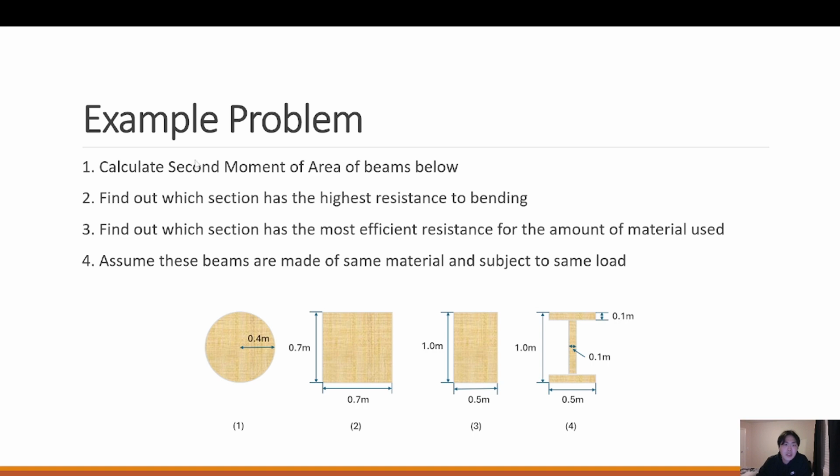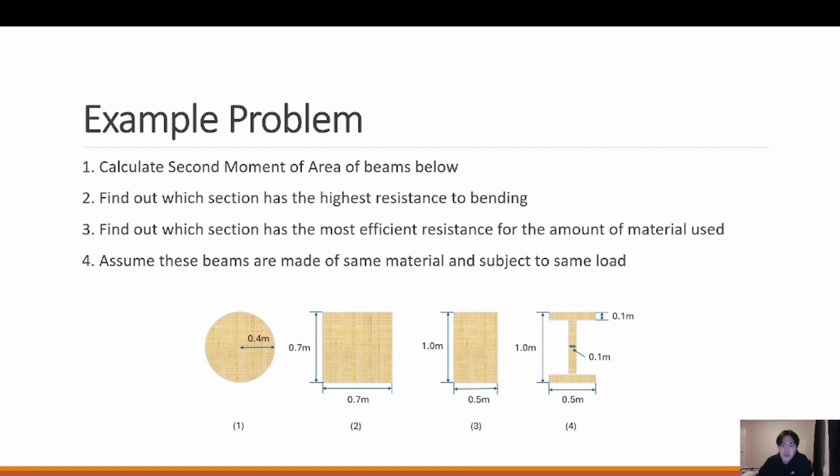Okay, let's try this example problem here. Firstly, calculate second moment of area of beams below. Those are beam sections given. It's all same but different sections. And find out which section has the highest resistance to bending. And also find out which section has the most efficient resistance for the amount of material used.